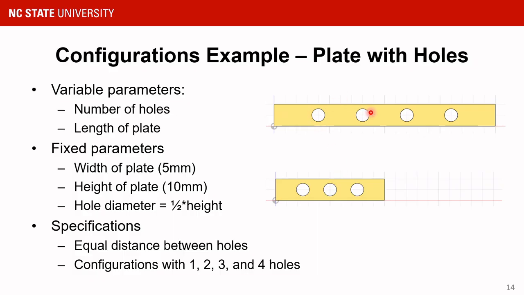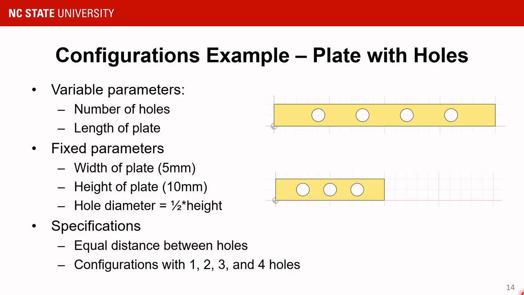So for 4 holes, the distance between each hole is 1/5 of the length. So 1, 2, 3, 4, 5. For the 3-hole version, the distance between each hole is 1/4 of the length.